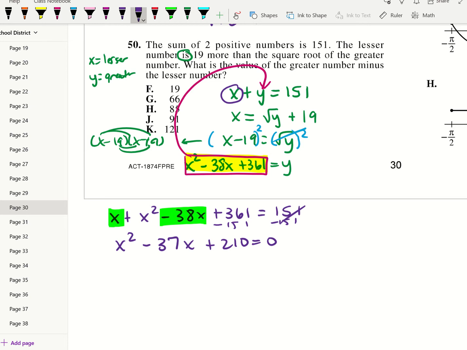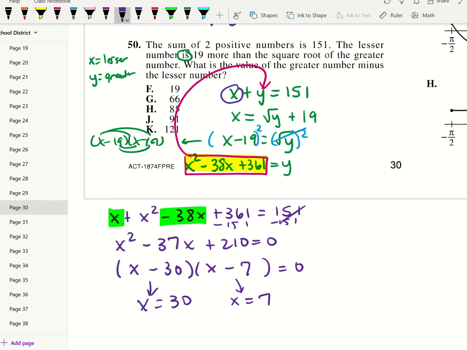I could place that 0 with either one of those factors. 30 and 7 would combine to this negative 37. And so those are the factors that I'm going to choose as I solve this problem. So x is either equal to 30 or x is equal to 7.